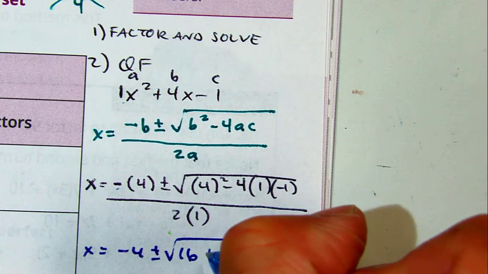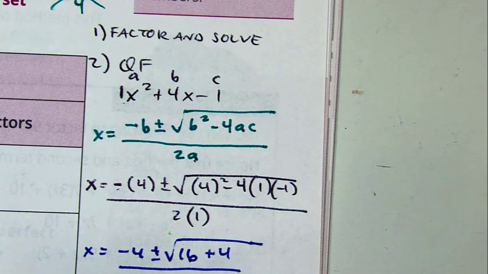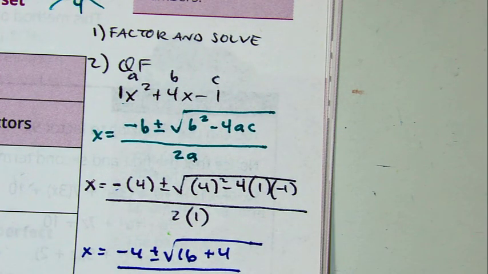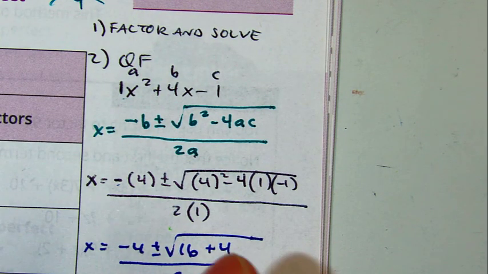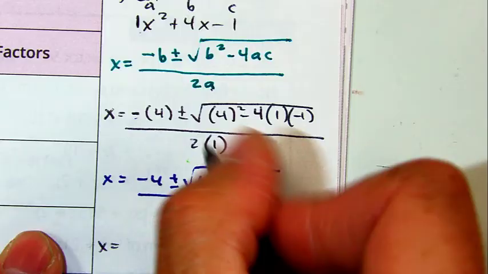Yeah, so it'll be 4. And then 2 times 1? 2. And then Chris, the square root of 16 plus 4. What is 16 plus 4? 20.